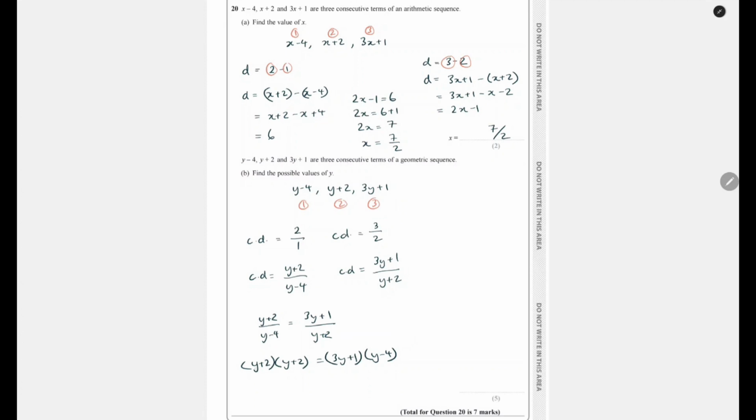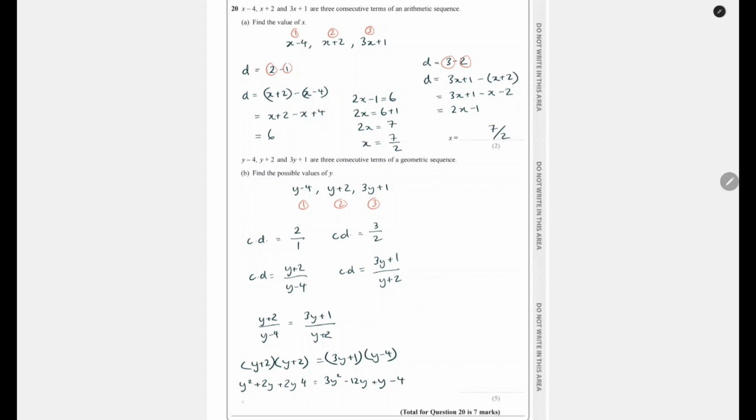We can expand this, so y times y is y squared, 2 times y is 2y, 2 times y is also 2y, and 2 times 2 is 4. That's equal to 3y times y, which is 3y squared. 3y times minus 4 is minus 12y. 1 times y is y, and 1 times minus 4 is minus 4.